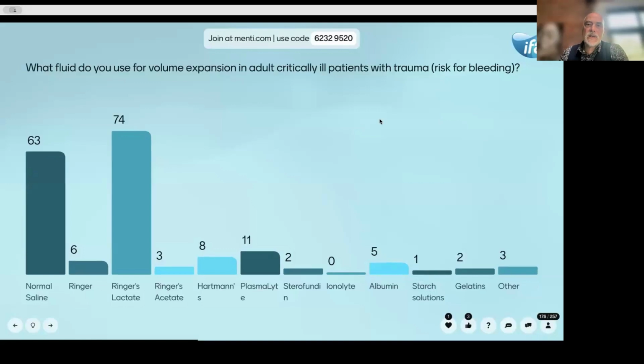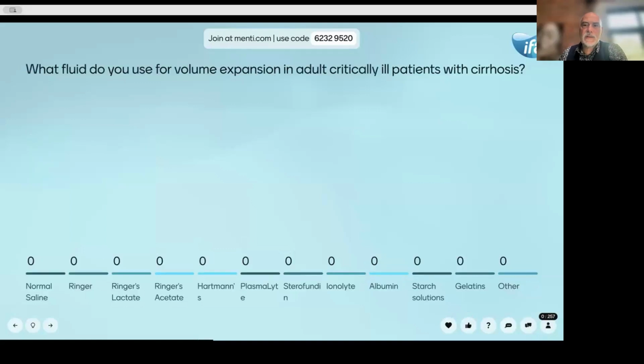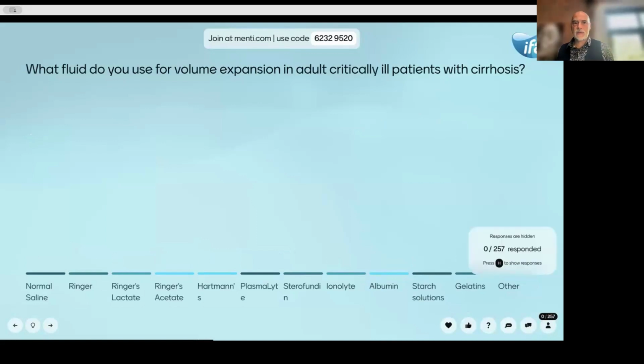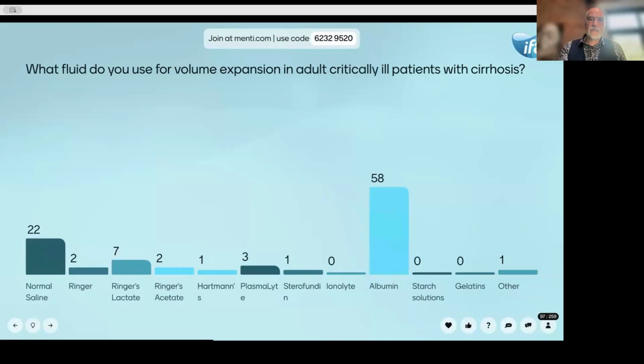Okay, and I think we are at the last, or before last, so now it's a group of patients with cirrhosis, and the guidelines will give a recommendation for all these type of patients that we will hear in the lectures.